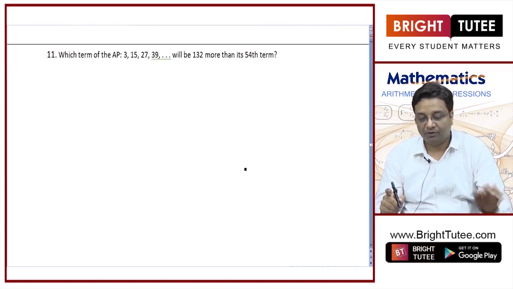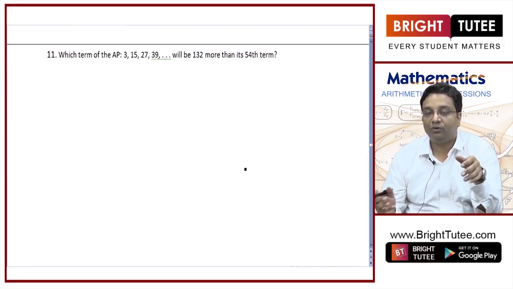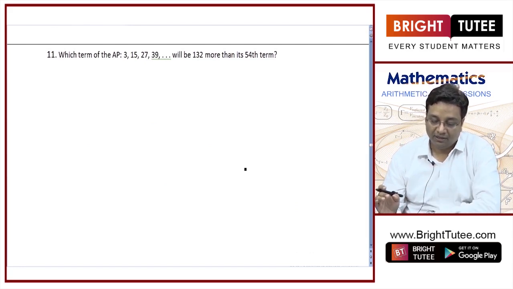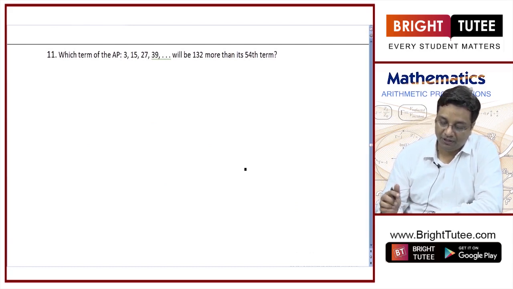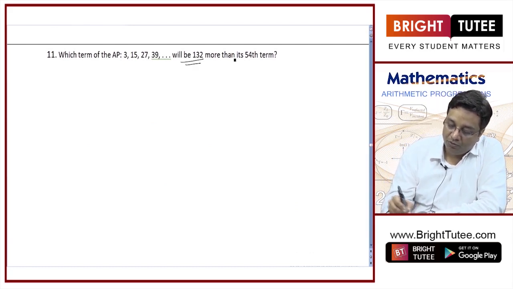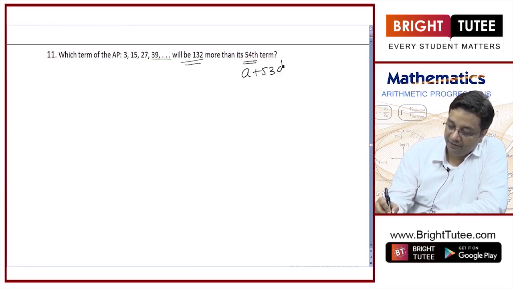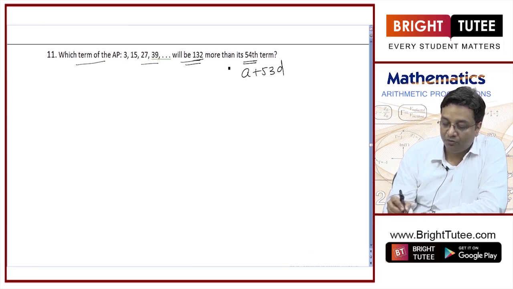Which of the following terms of the AP will be 132 more than the 54th term? This is a similar question to the previous one. 132 more than the 54th term. What is 54th term? A plus 53D, right? Which term of the AP will be 132 more than this term?